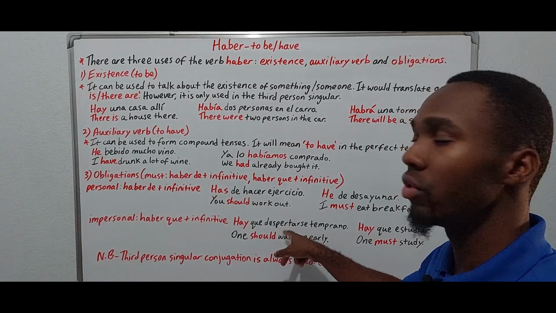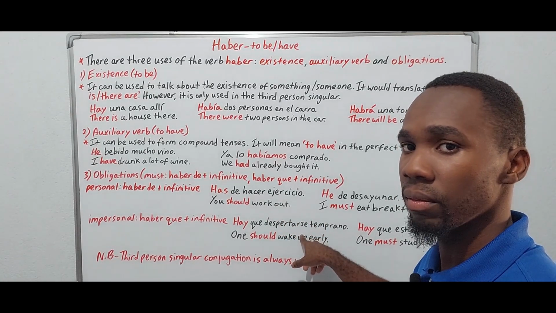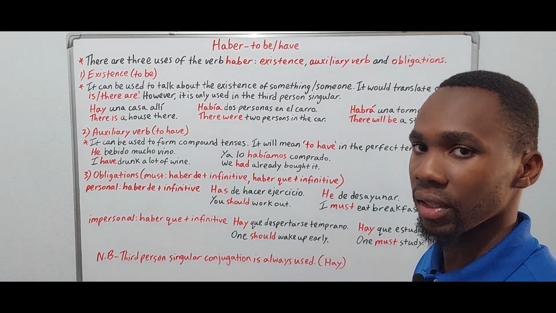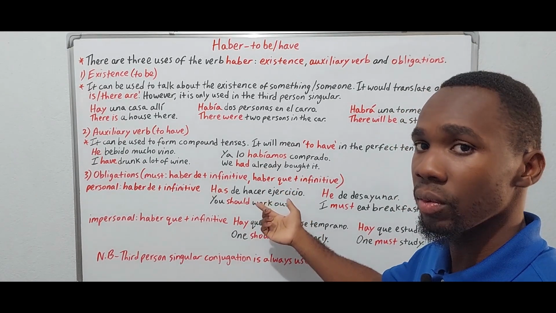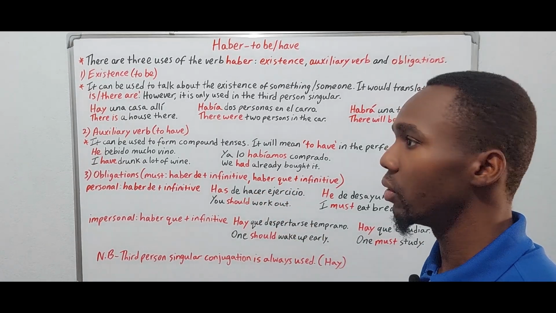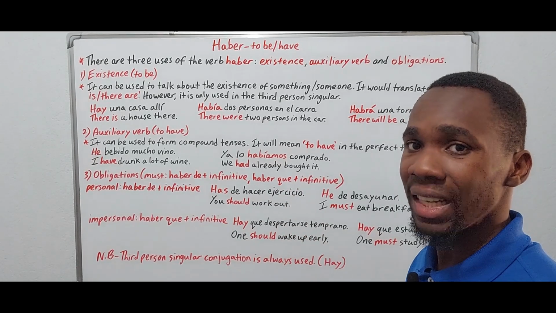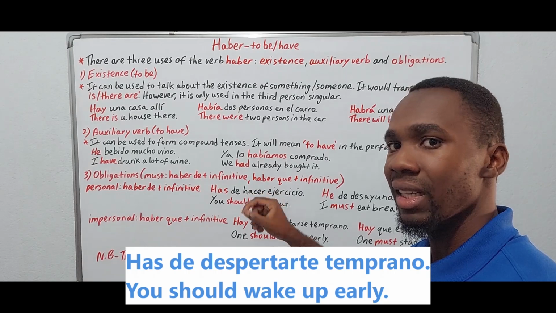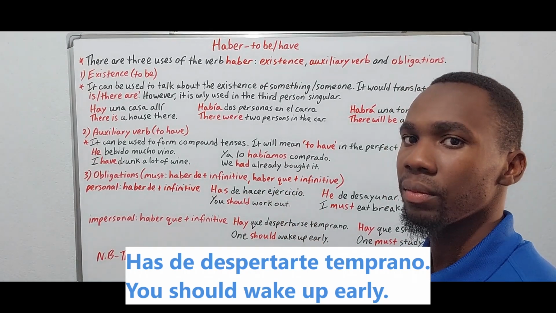And as you see, if you use a reflexive verb, the reflexive pronoun must agree with the, well, it's impersonal, so it will have to be se, right? If we were to use a reflexive pronoun in the prior example, let's use the same verb despertarse. Has de despertarte temprano.